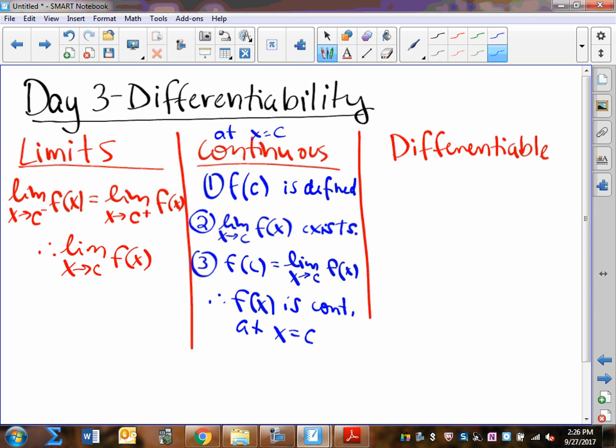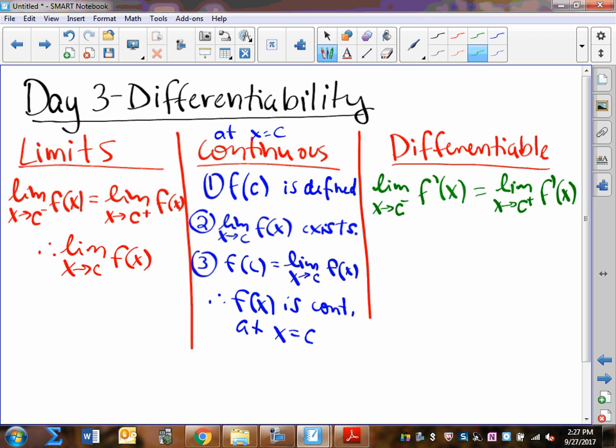Okay, now differentiable we talked about as well. Differentiable, we said that we cannot have a corner, cusp, vertical tangent, or discontinuity. The general thing that we said was that the slope from the left, so the limit as x approaches c from the left of my derivative, must equal the slope on the right, so x approaches c from the right of my derivative.